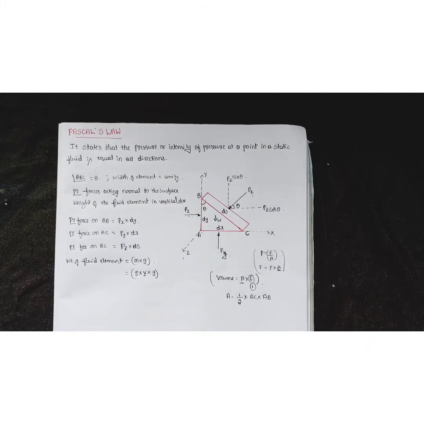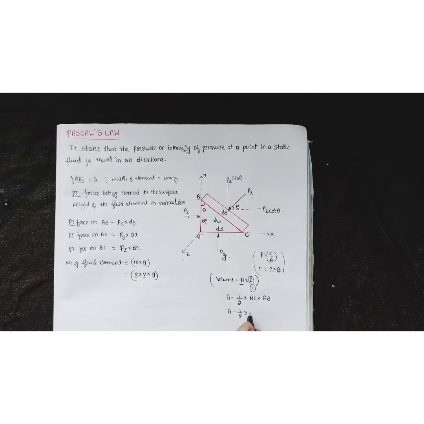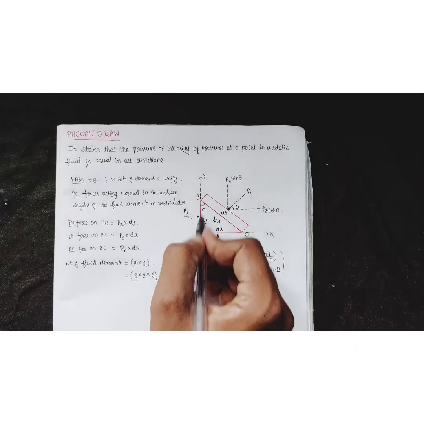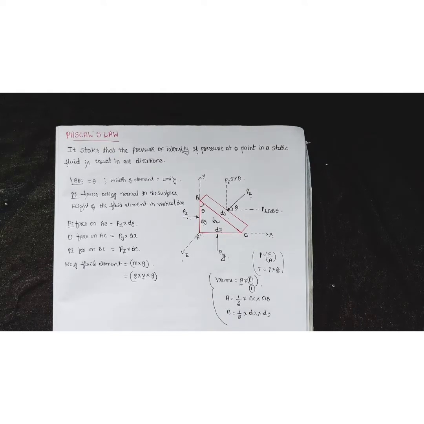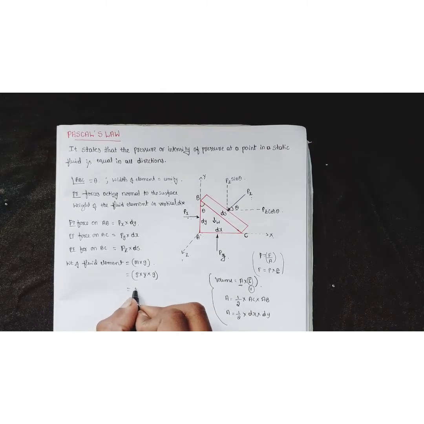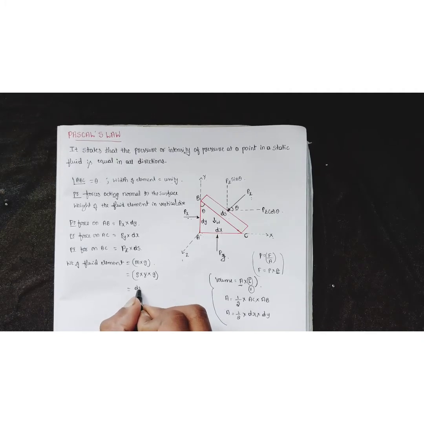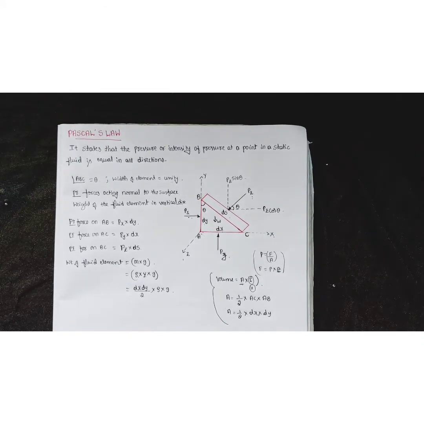So the area is equal to half into the length of AC, which is dx, into the length of AB, which is dy. So the area is dx dy by 2. So I can replace this volume: it is dx dy by 2 into density into gravity. So this is the weight of the element which is acting.